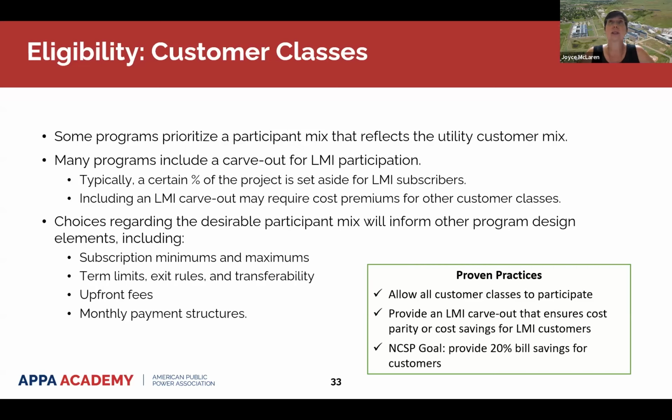And this really does have an impact on the financials of the project. And we are going to go into that, looking at the financials of a project and determining how different customer classes can impact your cash flow. We're going to be looking at that in some level of detail tomorrow. But just to say up front that these eligibilities and these carve-outs are an important thing to think about as you're designing your program.